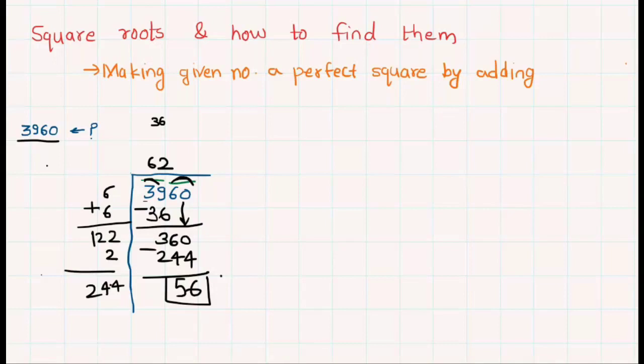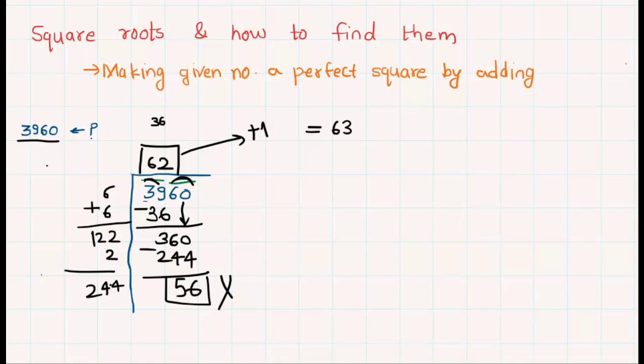No. This is not our answer. Our answer will come from this number here. So this is 62 here. What do we have to do? We have to add 1 to this, which is equal to 63.